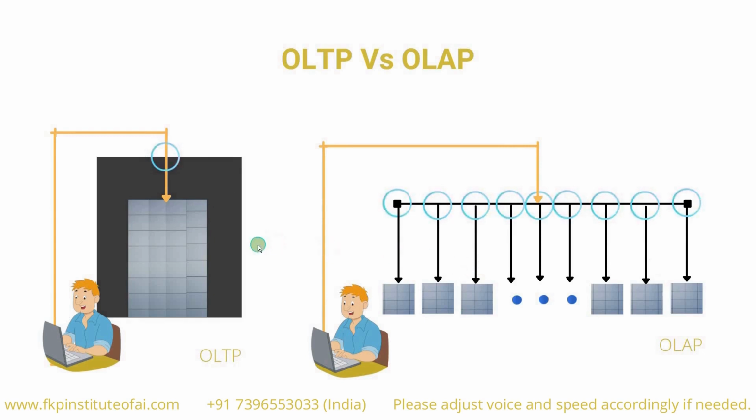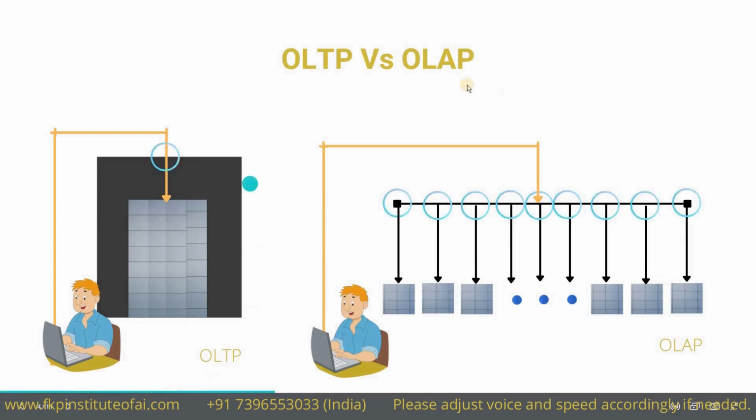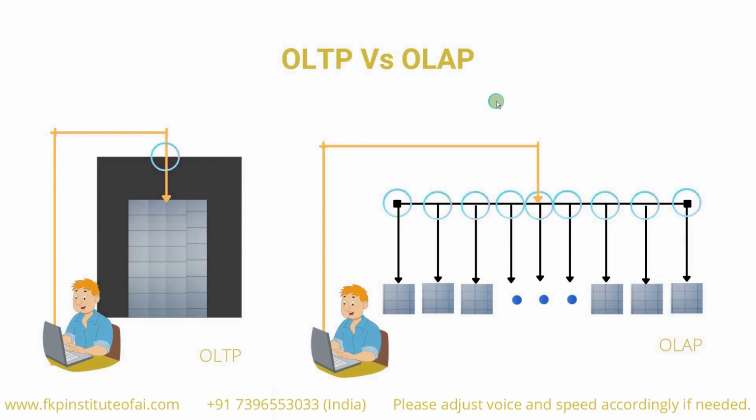Generally, OLTP machines always work with the current transaction data, whereas OLAP machines work with historical data. Since it has a lot of history compared to OLTP machines, we have a huge amount of data in OLAP machines. Since we have a huge amount of data, we should have more computing power.